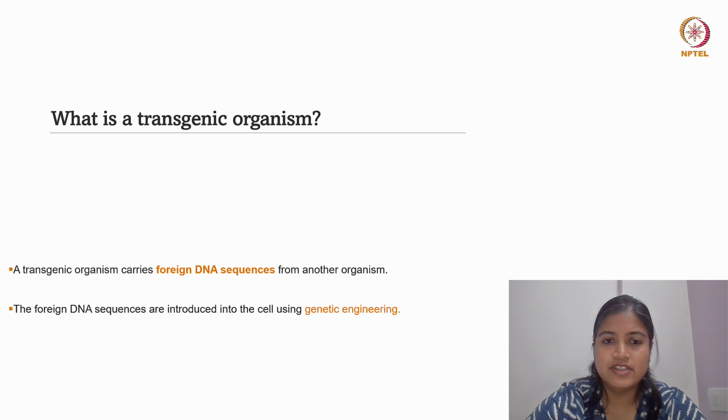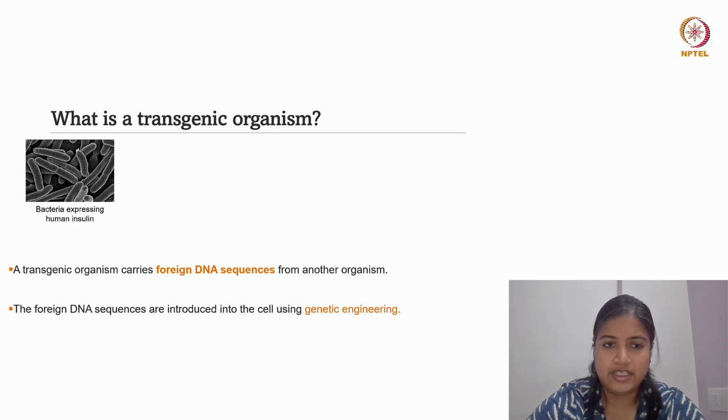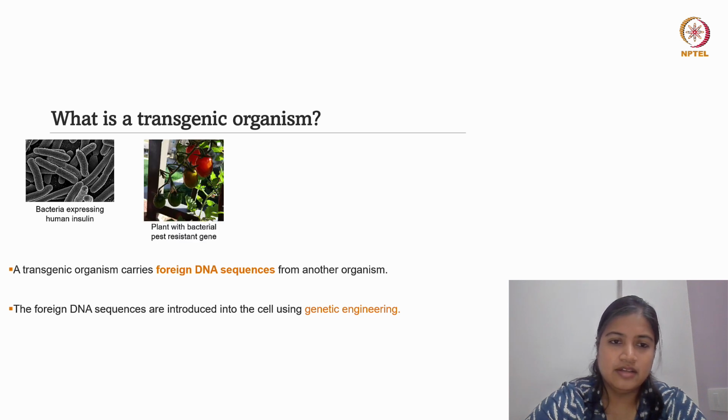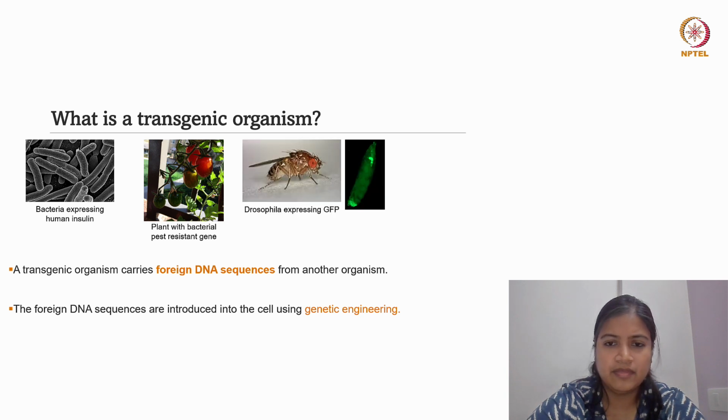Some examples of transgenic organisms could be a bacteria expressing human insulin protein, a tomato plant expressing a bacterial pest resistant gene, Drosophila, which is a fruit fly, expressing GFP, which is isolated from jellyfish.